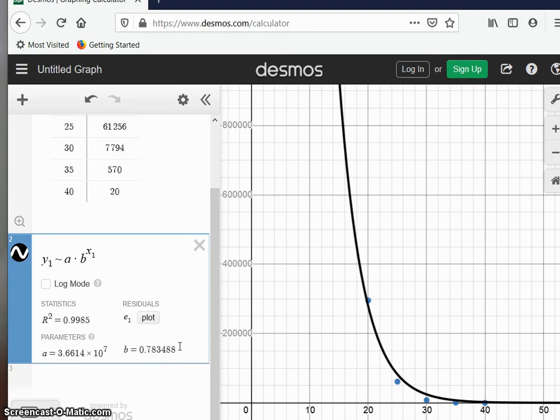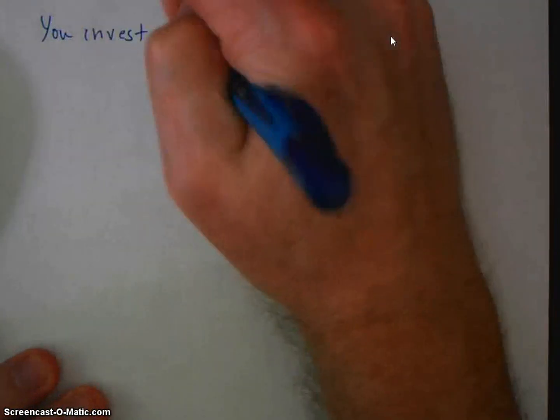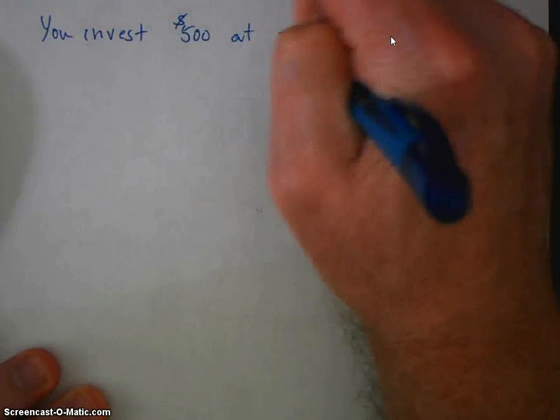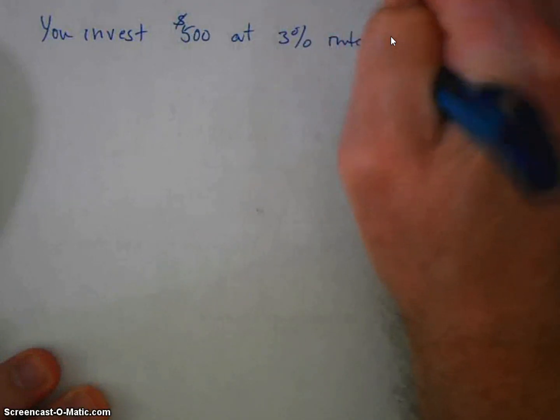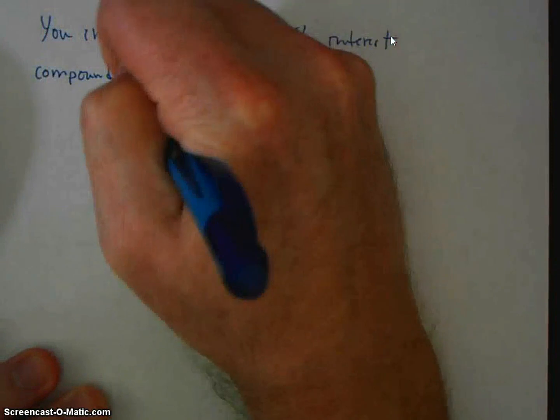All right, the last thing I want to talk about in this section is not on your sheet, but this comes up. There's 2 more formulas you're going to see in this section that you're going to need. And the questions are going to look like this. You invest, let's say $500 at 3% interest, compounded monthly.